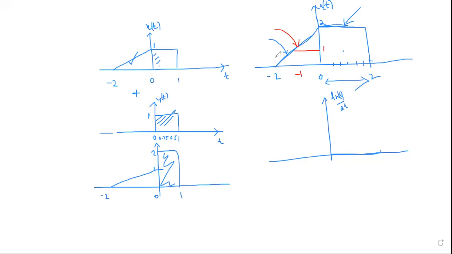You can see for every change of 0.5, from -2 to -1, the amplitude has changed by 1, right? So for differentiation, if I take these two points between -2 and -1, how do I calculate this? x of t2 minus x of t1, divided by t2 minus t1.